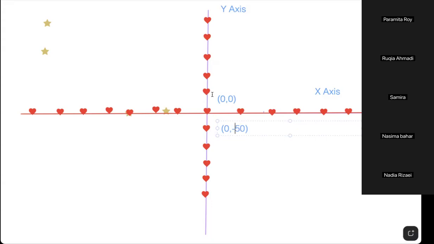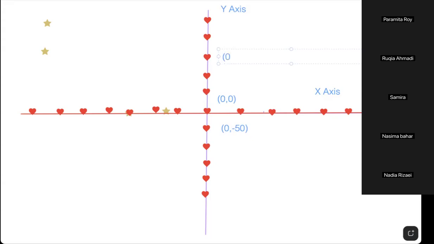But if I'm going here, you see this heart shape, let's do very close. Let's do this one, 50, 100, 150. Here, this one is going up. So the x position is 0, right? But the y position is moving.